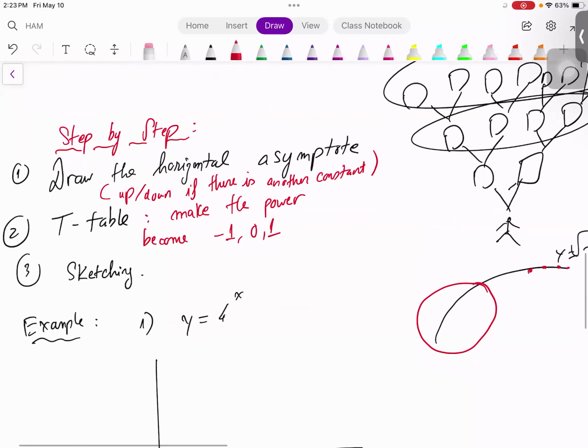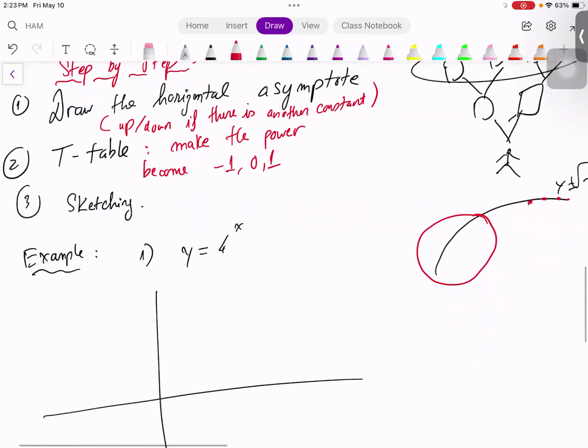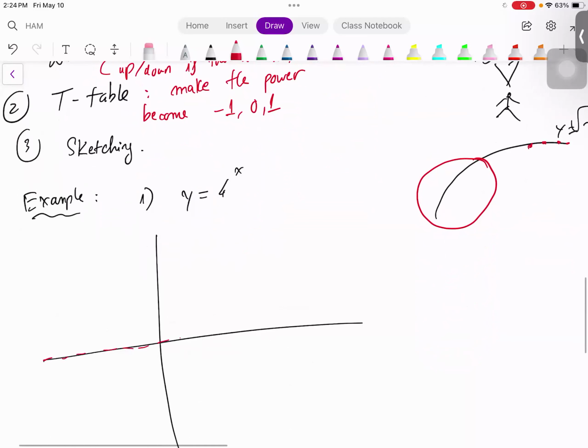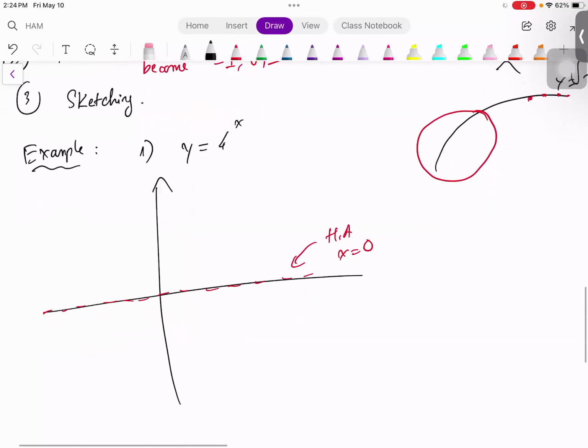You will see later on about this. That means you can see some +1 or -2 out here. That is the horizontal asymptote. But if you don't see anything, that means the horizontal asymptote is just the x-axis, y equals 0, right here. Okay, that is the HA, horizontal asymptote.